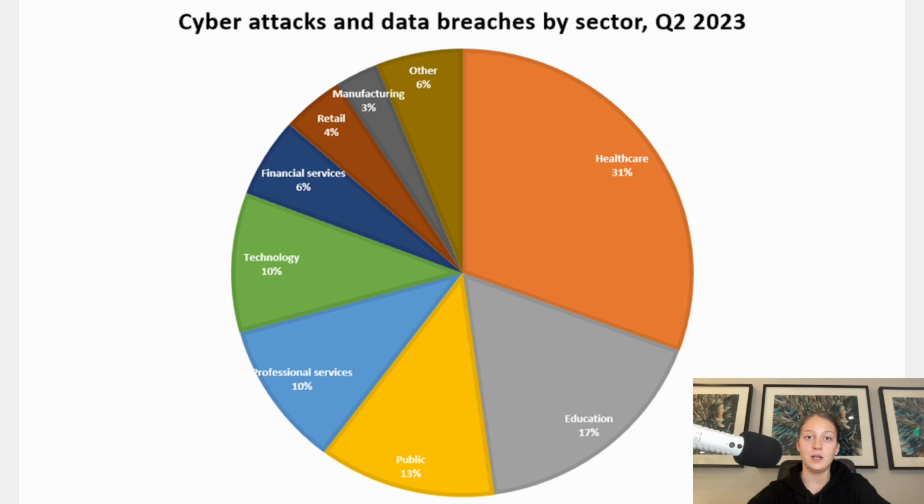And sadly, cyber thieves have been successfully, not all of them, but most of them, hacking into our systems and taking our personal information and selling it on the black market.